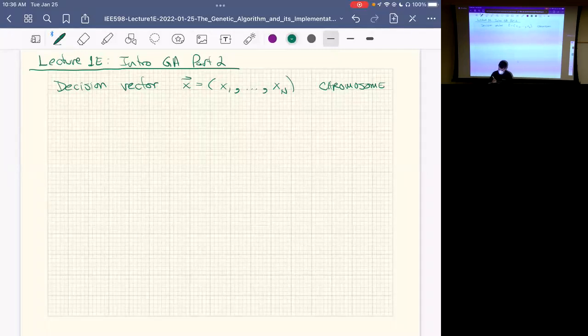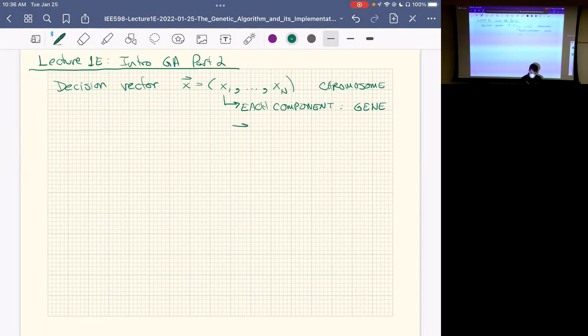Each component we can call a gene. So in this case, we have N genes for a decision vector that's in R^n.